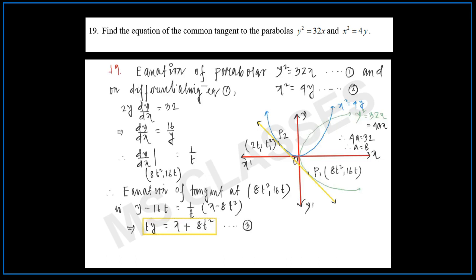Now we try to draw a tangent at the other point, where we know the point of contact. So to get it, differentiate equation 2. On differentiating equation 2, we get x by 2 equal to dy/dx. Therefore, dy/dx at the point of contact (2t1, t1 square) will be equal to t1.